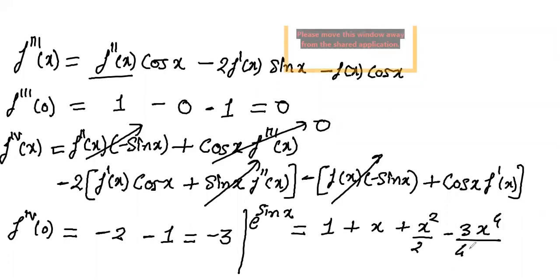So 4 factorial is 4 into 3 into 2 into 1. So this 3 and 3 will cancel, so it will be x to the power 4 upon 8.